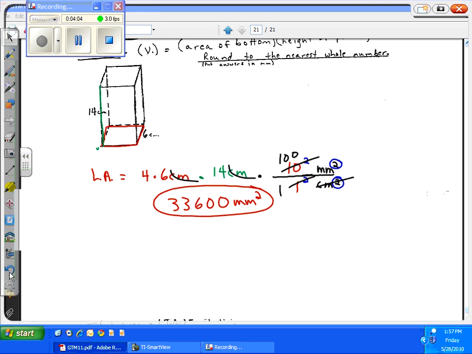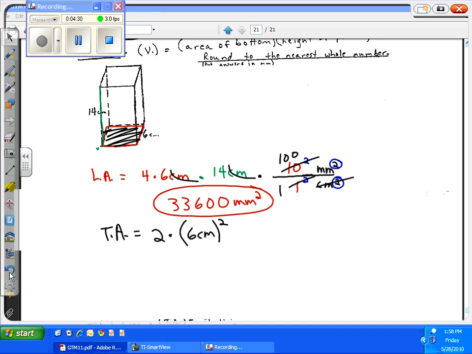If we want the total area, we're going to have to add the top and bottom to that. So we're going to have 2 times the area of the bottom. The bottom is a square. The formula for every square is side squared. So we're going to have 2 bottoms at side squared, 6 centimeters squared.